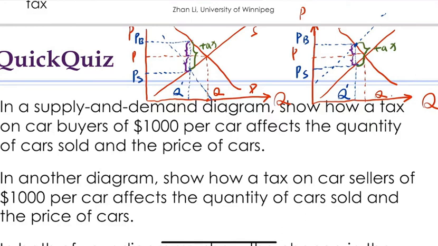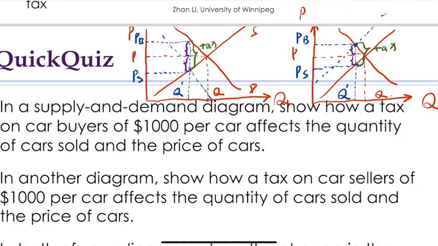Because the steepness of these two curves is the same. So they roughly have the same elasticity. And if the supply curve and demand curve have the same elasticity, then the tax burden should be equally divided.